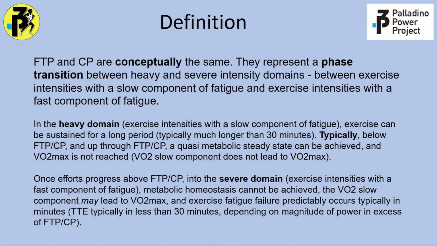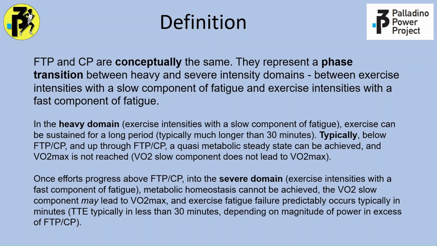And typically this lies below FTP and CP, the phase transition, and all the way up through FTP and CP. And typically in that heavy domain, you can achieve a quasi metabolic steady state, and you will not reach VO2 max.